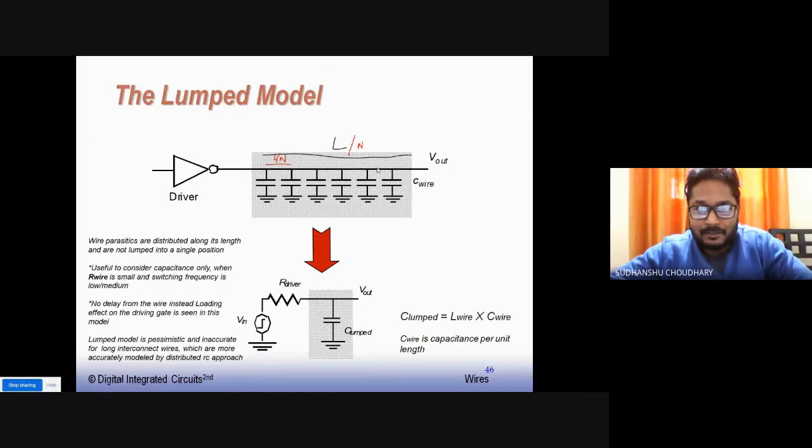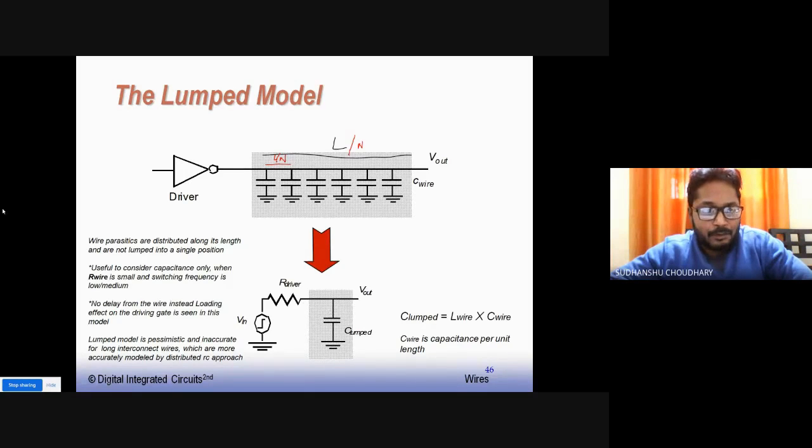But since there are many time constants in the distributed model, in fact, if resistances are also there, then you'll have many RCs, that is many time constants in this circuit, and many differential equations will also appear, right? A set of differential equations needs to be solved to find the delay at the output. So the calculation becomes very complex unless you have the support of SPICE simulations, right? So wire parasitics are distributed along its length, and they are not lumped into a single position as in this lumped model.